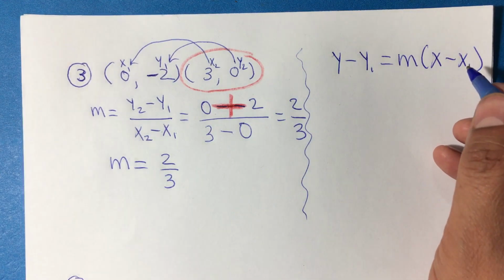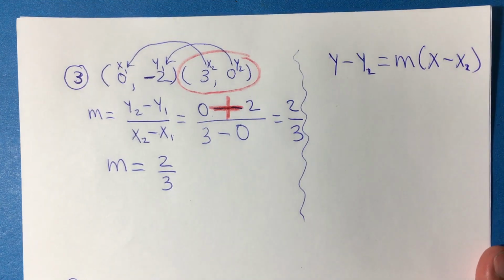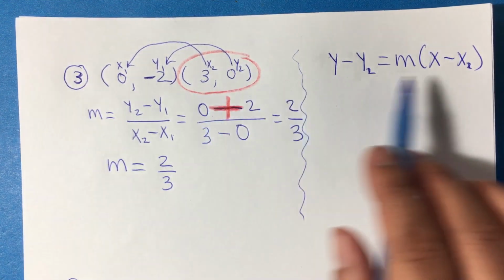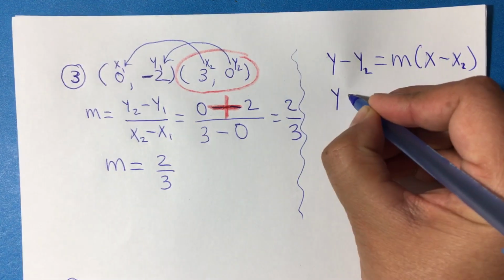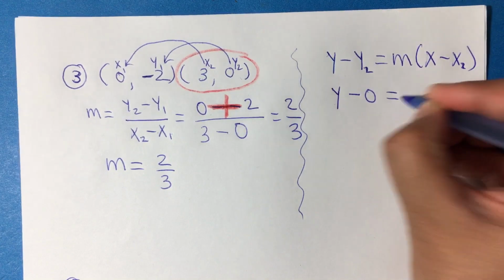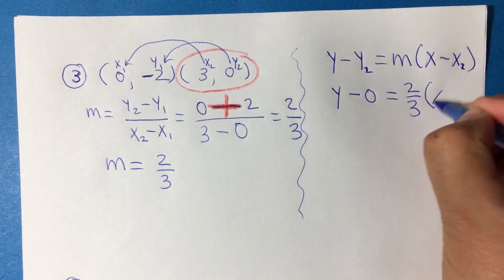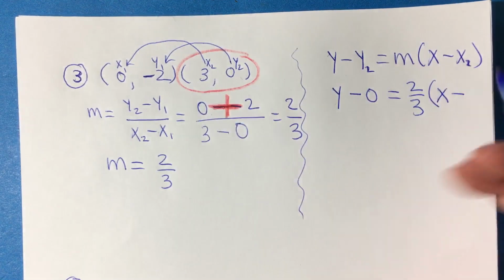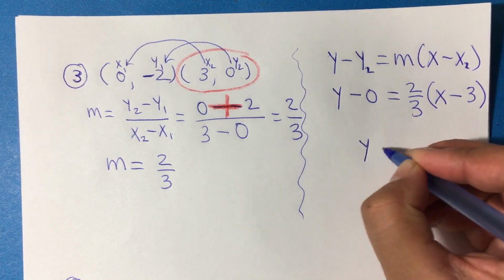That's fine with me. In fact, let's do it so that you see that it's talking about point 2, but you don't have to do it. Y minus y2 is 0. The slope is 2/3 times x minus x2 is 3. And here, y minus 0 is y.